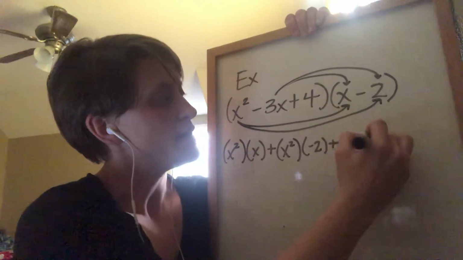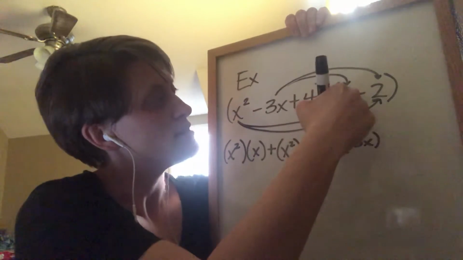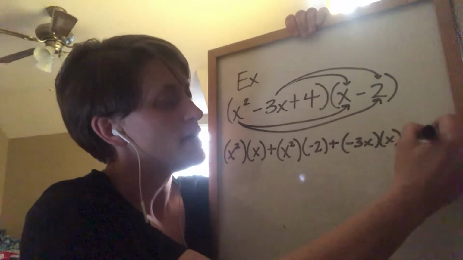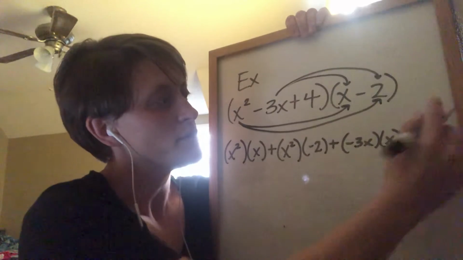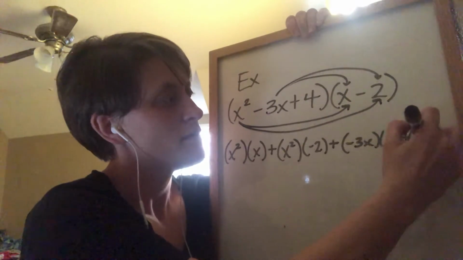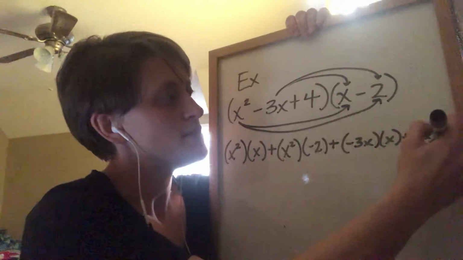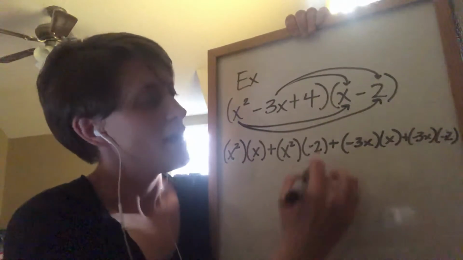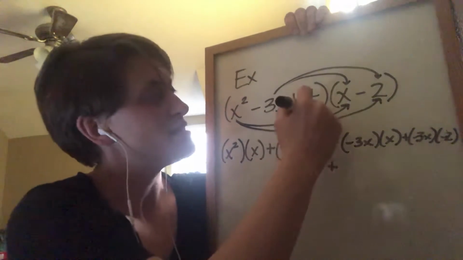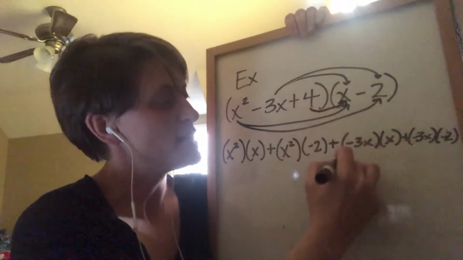We do minus 3x times x, plus sign, minus 3x times, and I'm running out of room. Let's see if we can make that a little bit smaller. Times minus 2. One more, we have to distribute the 4 through, so don't forget your plus sign. We're going to do 4 times x.